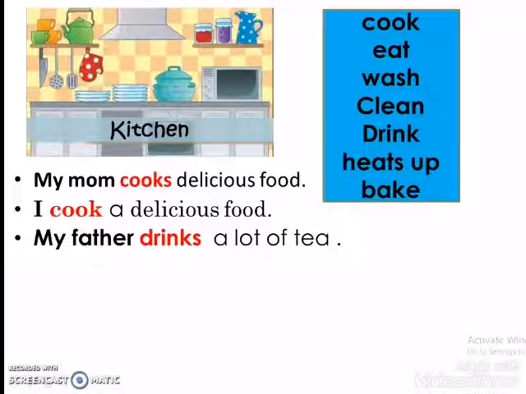He is a boy. So for a boy, we use the pronoun he. So also we can say he drinks a lot of tea instead of saying my father. My father, he is one person. So for one person or one noun, we should add an s for the action verb.